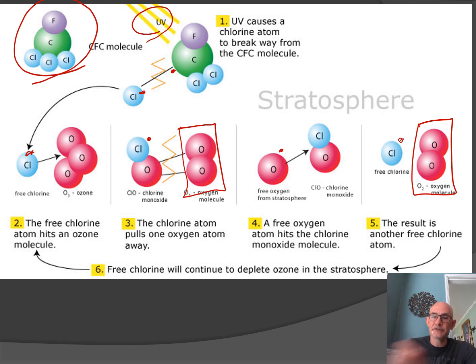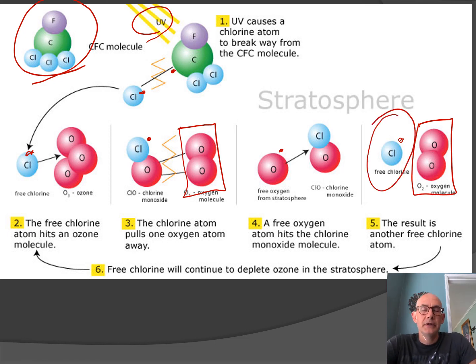And so it just keeps doing this process over and over and over until this free chlorine finds a more stable molecule than ozone. And that's called a sequestering molecule, and it binds it up so it's no longer reactive. So one CFC can destroy thousands and thousands of ozone molecules, and they can last in the atmosphere for years and years.